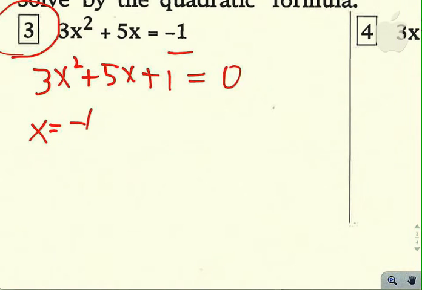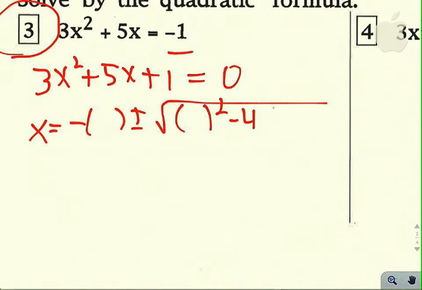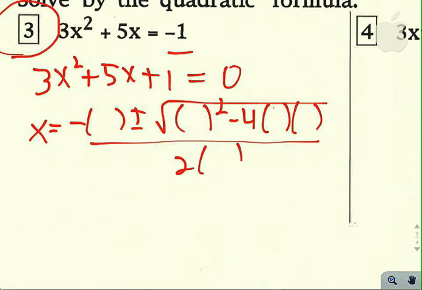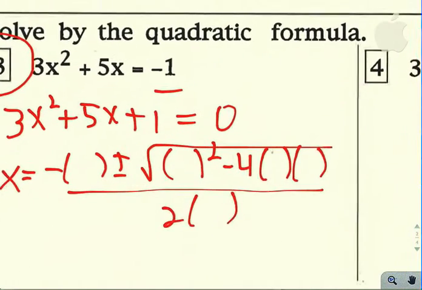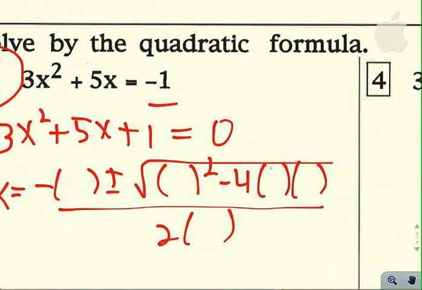X equals minus b plus or minus the square root of b squared minus 4ac all over 2a. And remember, for those who need the formula, let's put it right here.